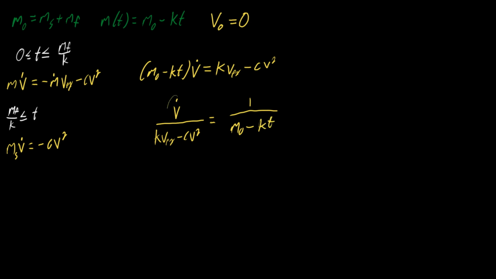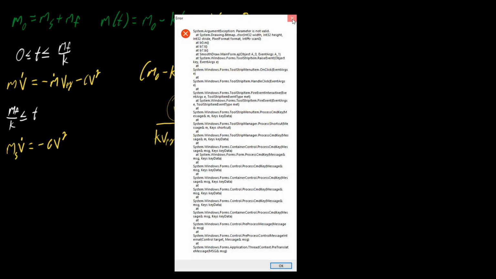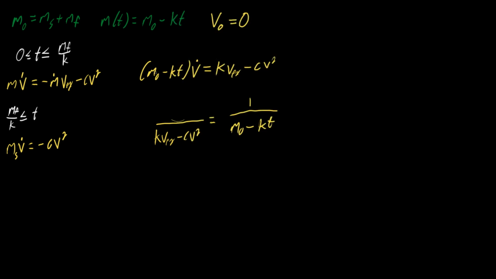And then this v dot can be thought of as a differential. We're going to split this v dot into its differential components. On the left side, we're going to get dv, and on the right side, we're going to get dt. So quote unquote, we're splitting the differential, and then we're going to integrate both sides to cancel out that differential.